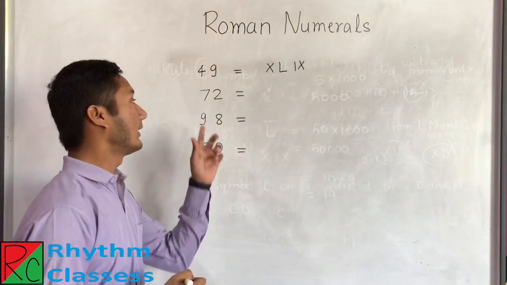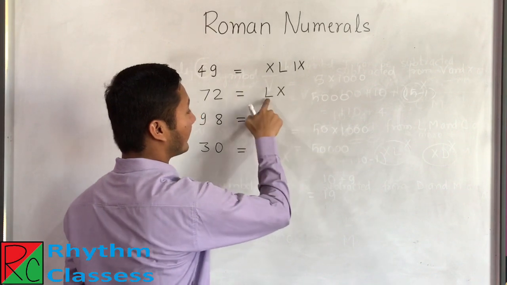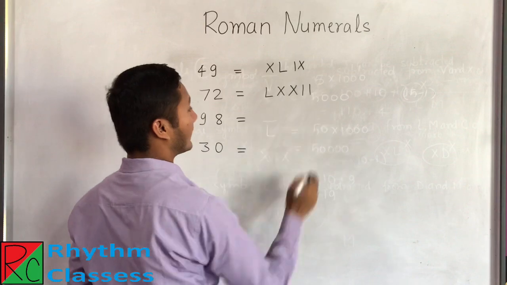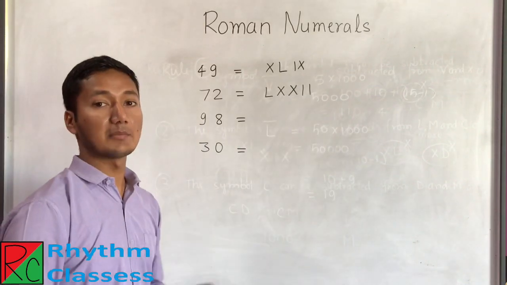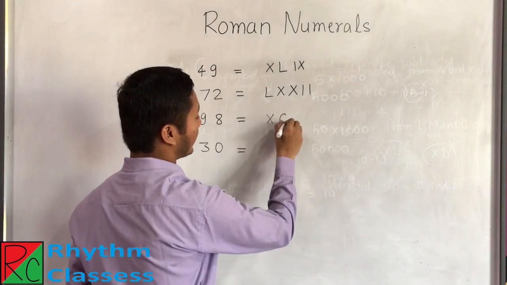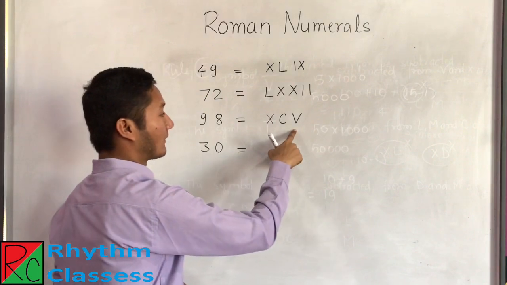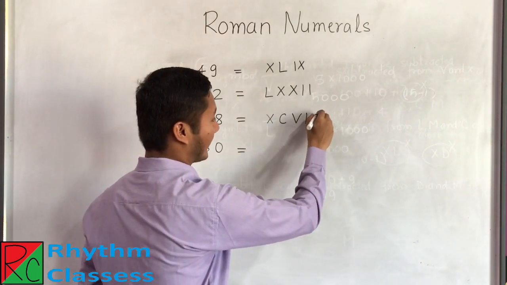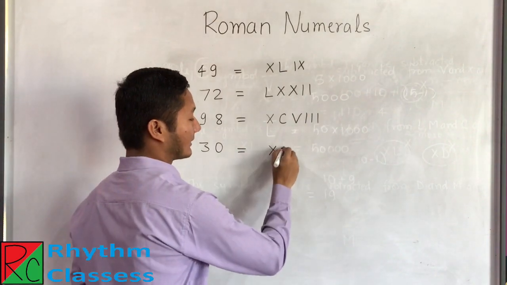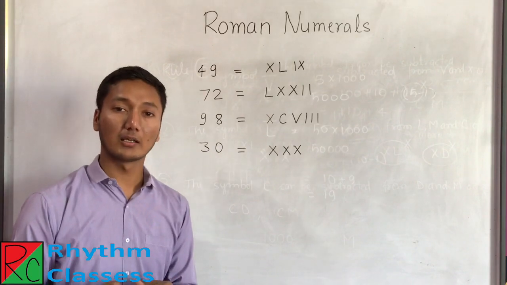For the 72 you can write like LXXII, that is 50, 10, 60, 70, 1, 1, so it becomes 72. For the 98 you can write like XCVIII, 90 and now it becomes 95, 96, 97, 98. For the 30 you can write XXX. It will be 30. Okay?